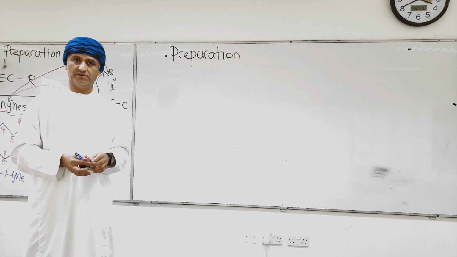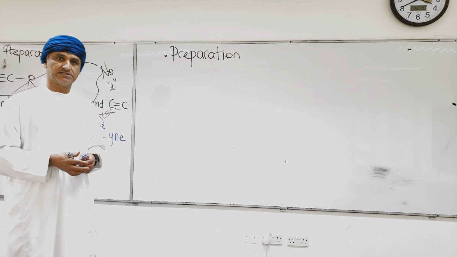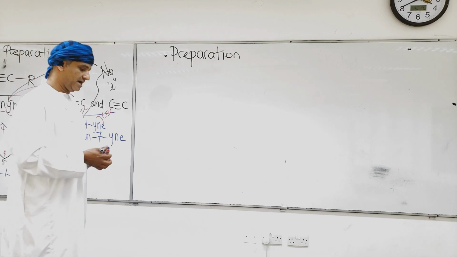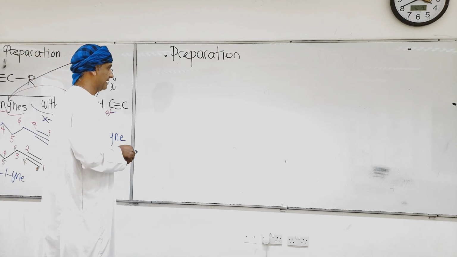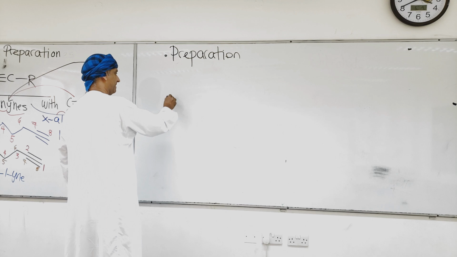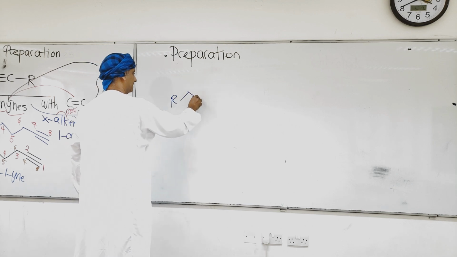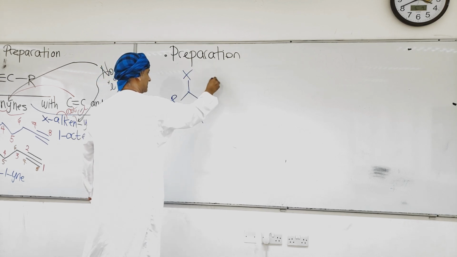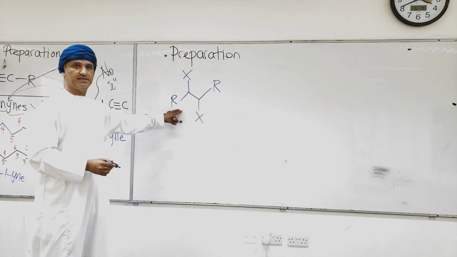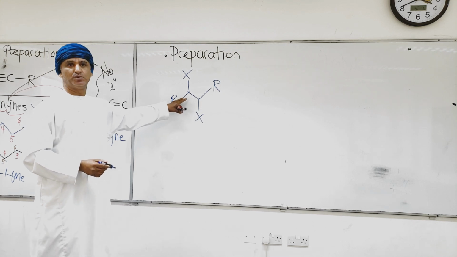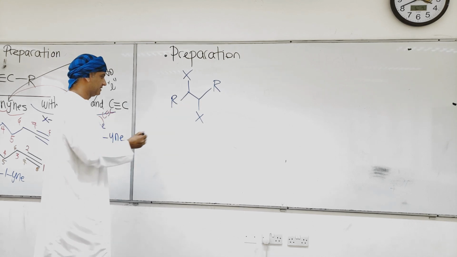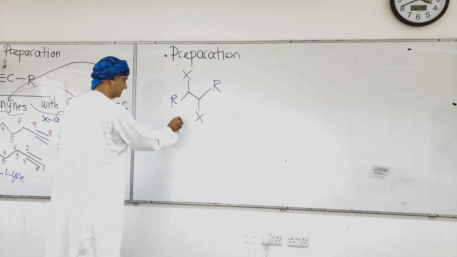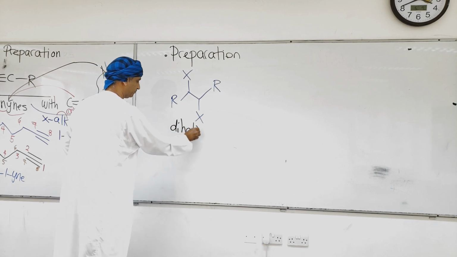They should not be on the same carbon, otherwise formation of the alkyne would not take place. So this is the general structure of the dihalide that should be suitable for the formation of an alkyne. It's a dihalide. You can term it as a 1,2-dihalide.